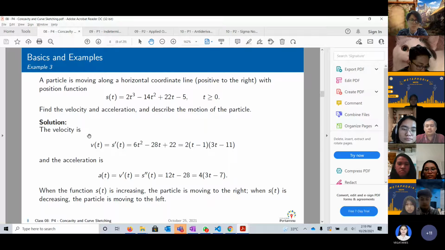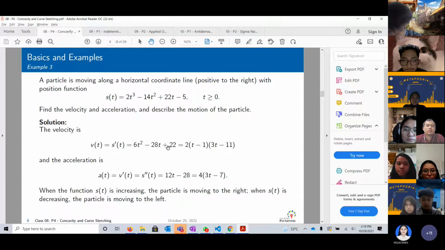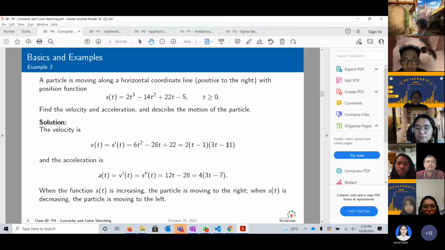And here we have that the velocity is the first derivative, which is s prime, which is 6t squared minus 28t plus 22. Or we can factorize it to be like this, 2 times t minus 1 times 3t minus 11.